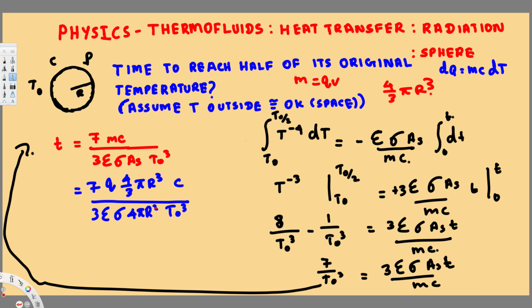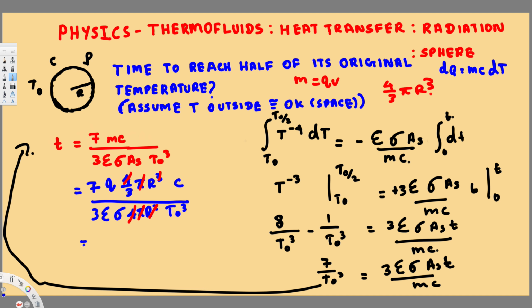First we have r squared right here, which can be cancelled with the r cubed, and also this 4 can be cancelled. Then we have this one left. Also we can cancel this pi. Now let's do the simplification.